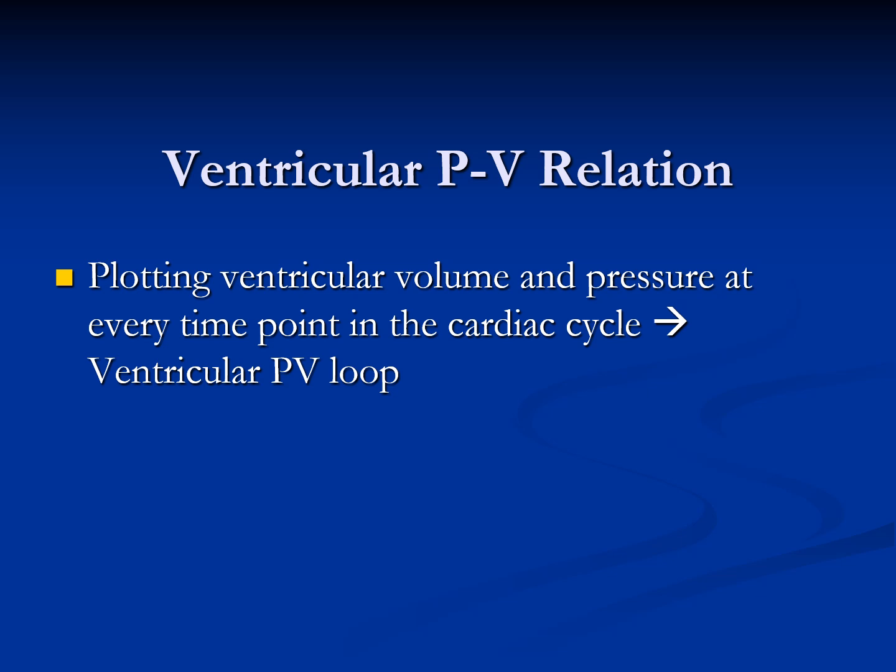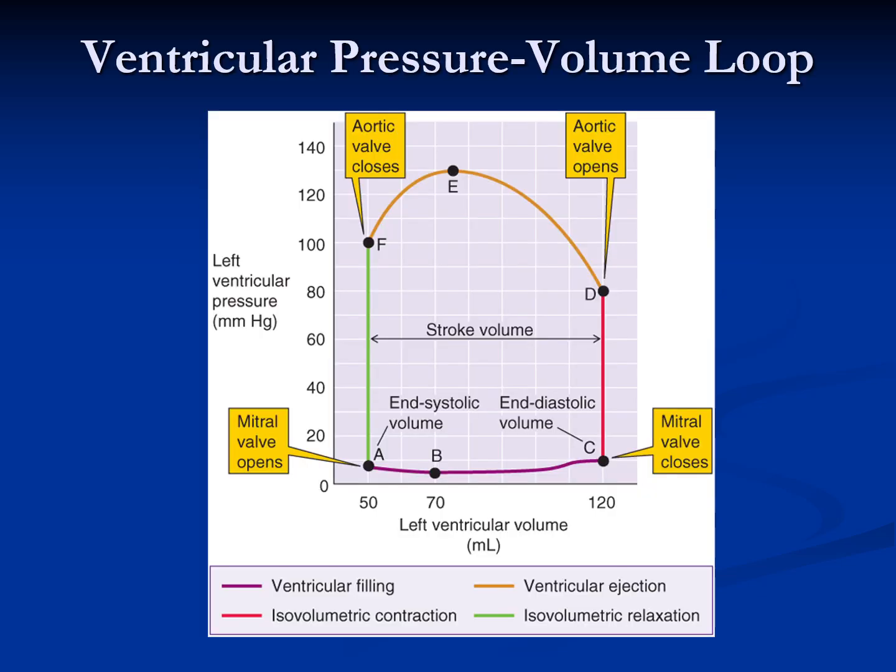And at the bottom is what's happening to the LV volume, how the LV fills and empties as time goes on. Now, if we forget time as a variable and simply plot, using the left ventricle as an example, what is happening in the left ventricle, pressure versus volume, we just take time out of the equation. There is no time. What happens is this.